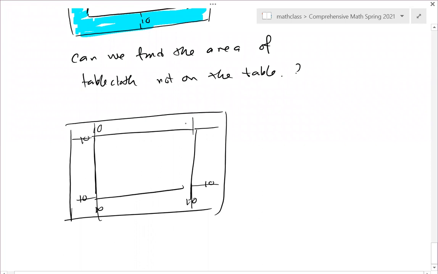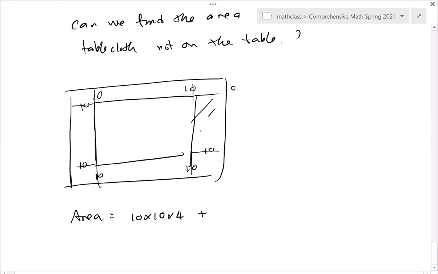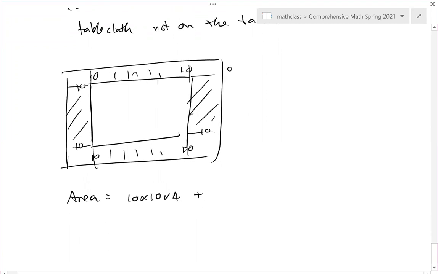So 4 square corners. The area of the shaded region is going to be 10 times 10 times 4, plus this area and this area, but those are 2 rectangles.